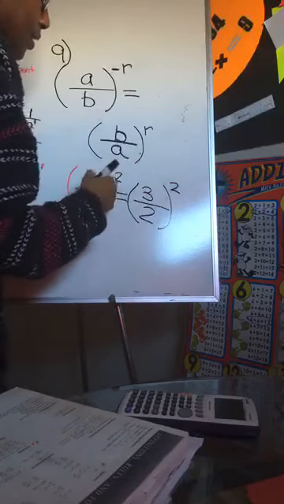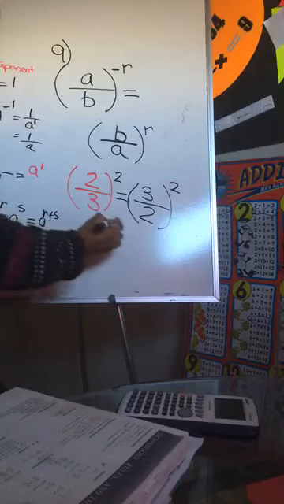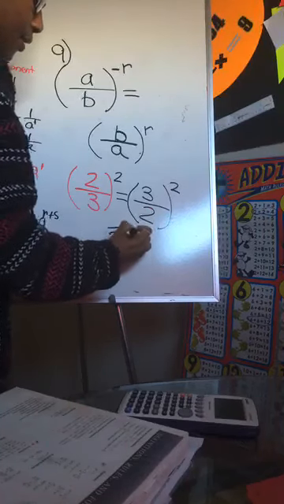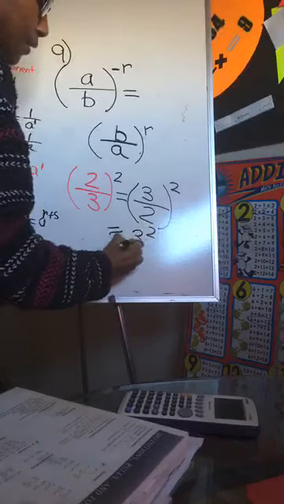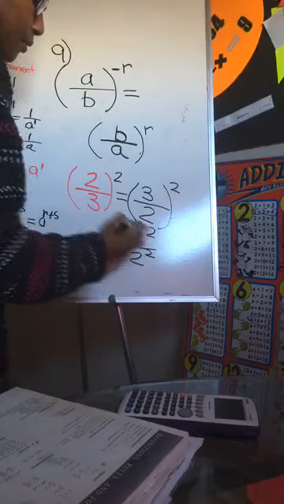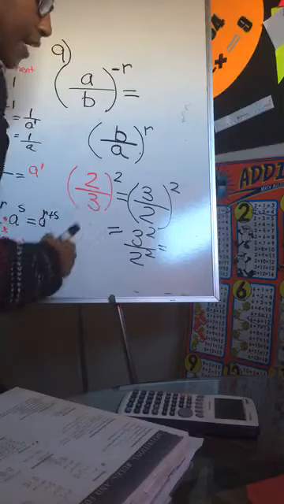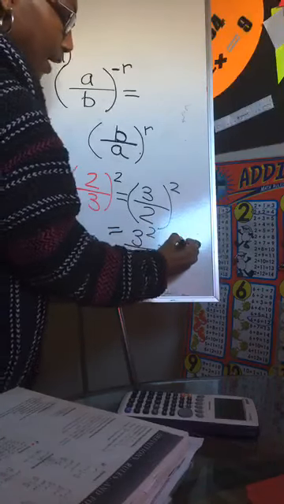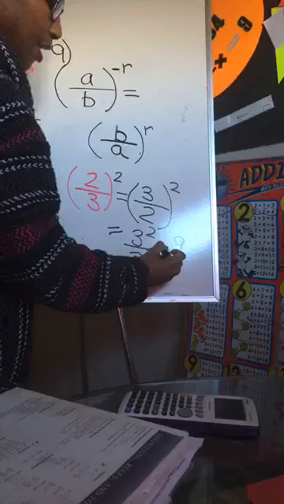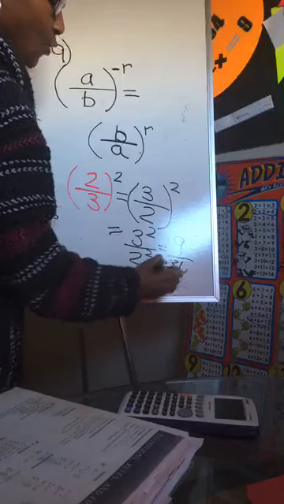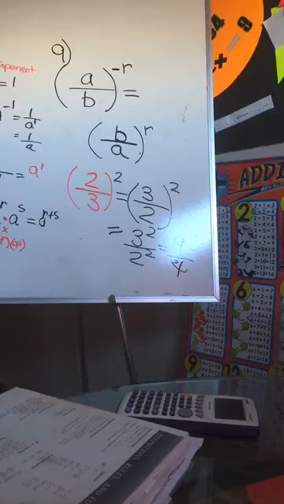And we still raise it to the second power. So that's saying 3 squared divided by 2 squared. Okay? And 3 squared is saying 3 times 3, which is 9. And 2 squared is saying 2 times 2, which is 4. So the answer or the result is 9/4.